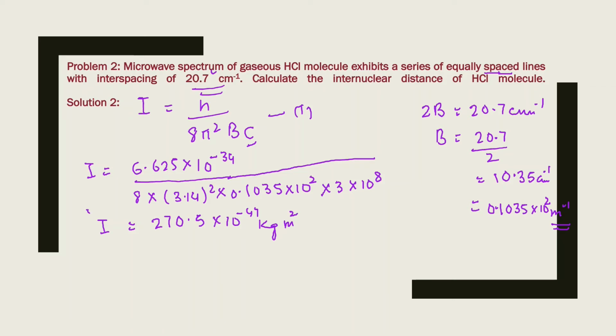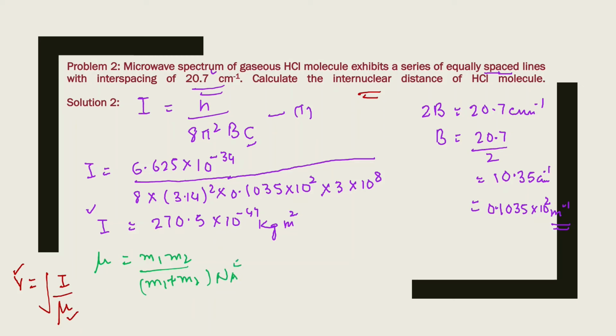Moment of inertia we have obtained from here, and we very well know that the internuclear distance, the r, which the problem is asking us, actually is related to moment of inertia and the reduced mass. So in order to calculate the value of r, I need to have the value of reduced mass also. So let's go with the second half part. I just calculate the value of reduced mass, which is equal to m1 times m2 divided by m1 plus m2 into the Avogadro number.